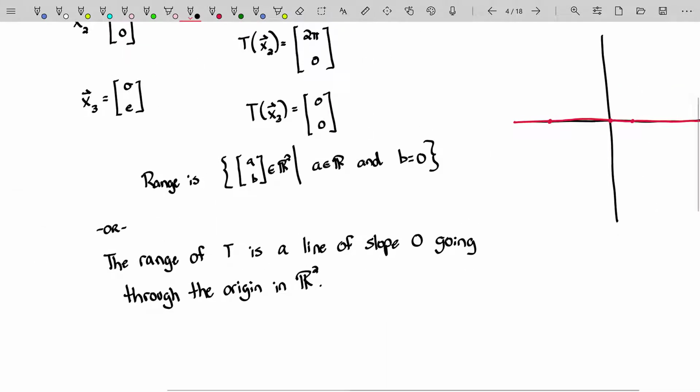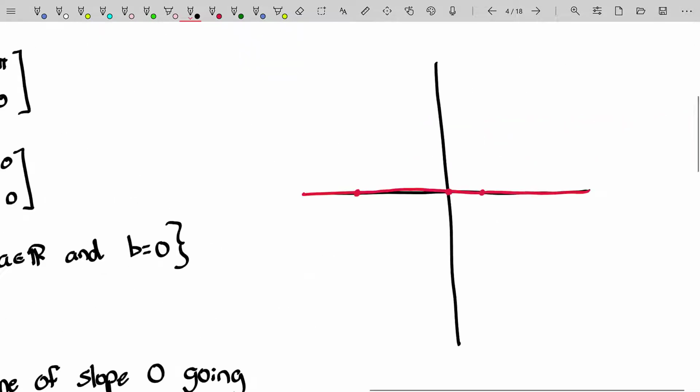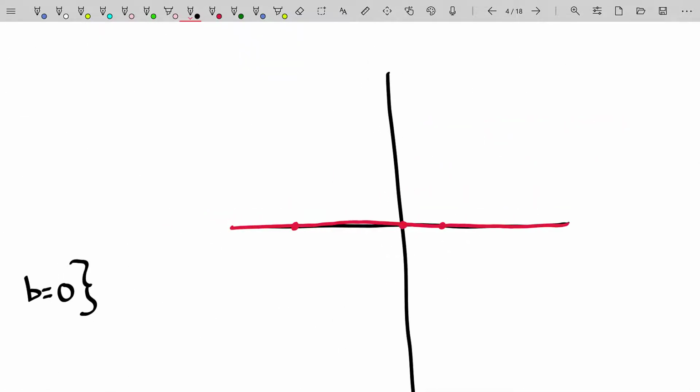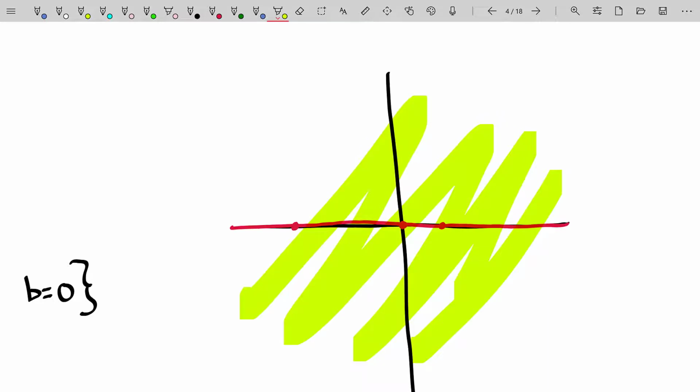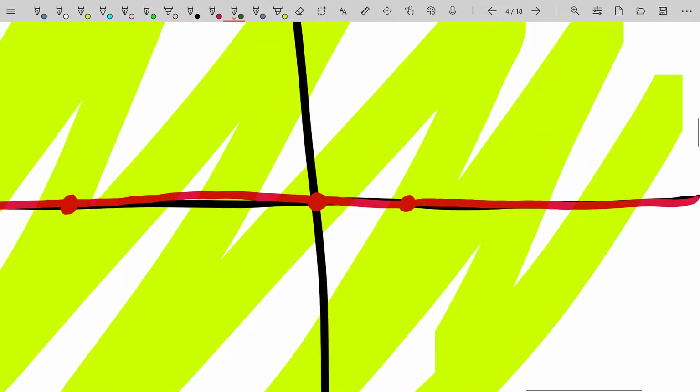Now I want to draw your attention to something. That range is actually not all of R squared. All of R squared is this entire plane, and yet the range is just a subset of R squared. R squared, by the way, is called the codomain because it is the bucket where our solution sets, or our vectors, I should say, lie. And since they're two-dimensional vectors, it's R squared. So the codomain is R squared, yet the range is just that horizontal line.